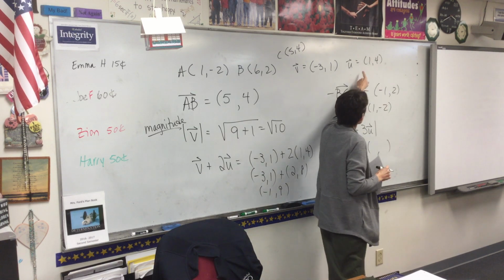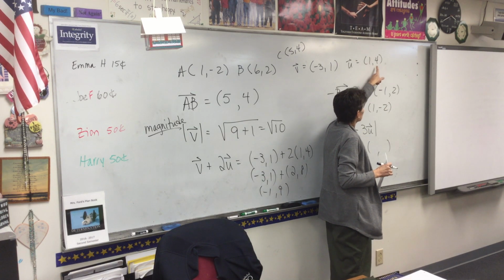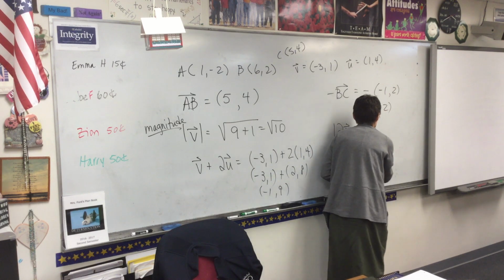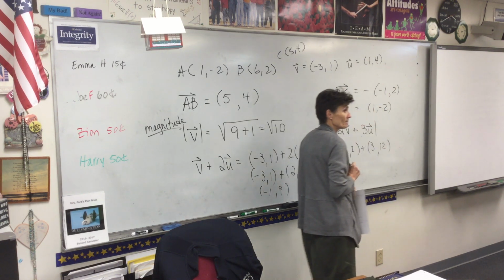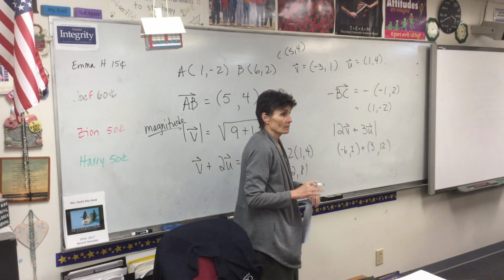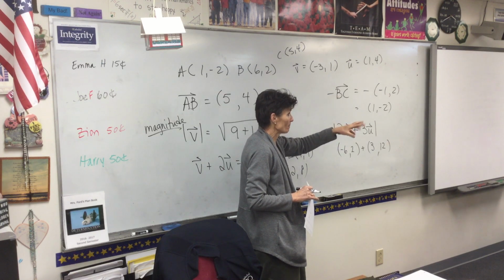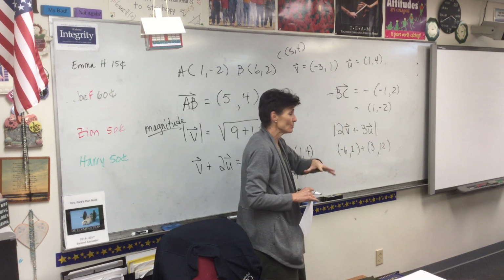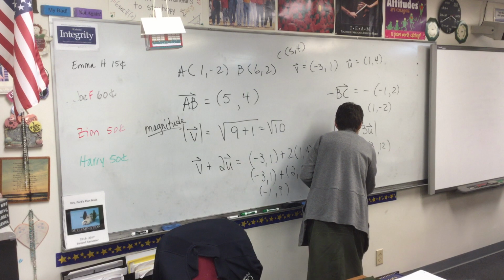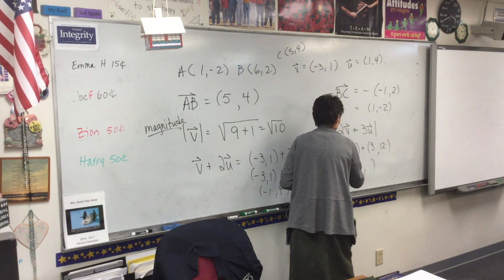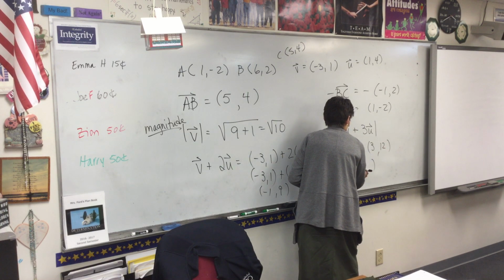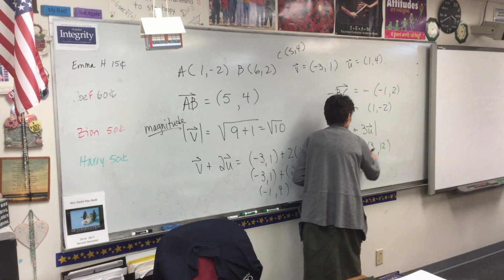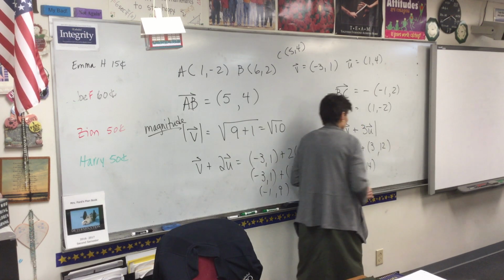So 3u would be 3, 12. Everybody with me? So 2 times the v numbers, 3 times the u numbers. Now we're going to add them together. So what do we get when we add them together? -6 plus 3, -3. And 2 plus 12, 14.